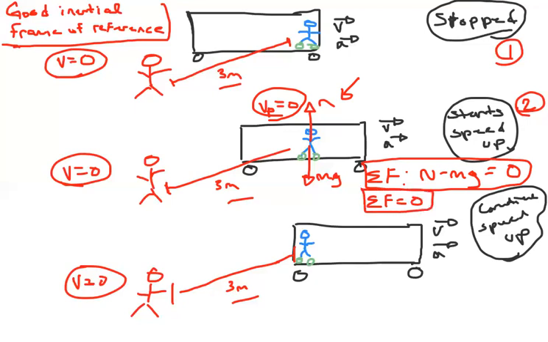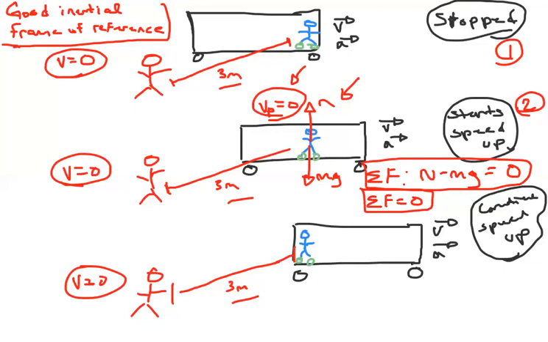But this person also has 0 velocity, so that means Newton's first law is valid. Remember, if an object has no net force on it, its velocity should either be 0 or remain constant, which means it's not changing speed or direction.